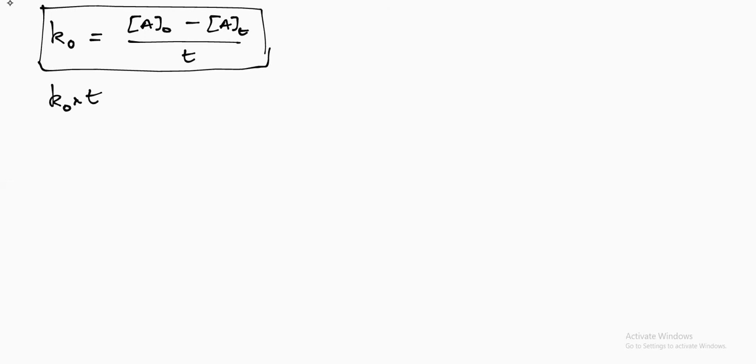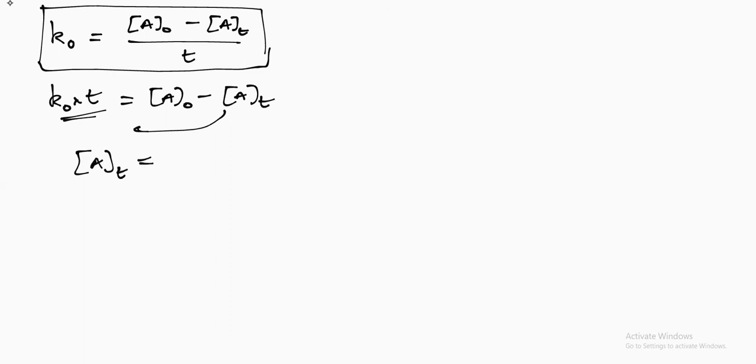Now I'll bring this minus term to the left hand side and this term to the right hand side. So with this small rearrangement, AT equal to A naught minus K naught into T. Is this clear, students?